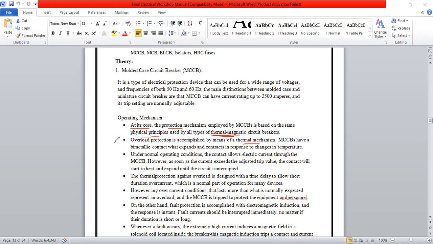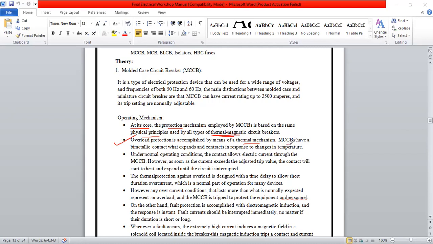Then overload protection is accomplished by means of a thermal mechanism. That means if this type of switchgear equipment is used for any big machine, for example a motor, and if this motor gets overloaded, do you know that if a machine gets overloaded, some heat will be generated. So this is nothing but the thermal mechanism.